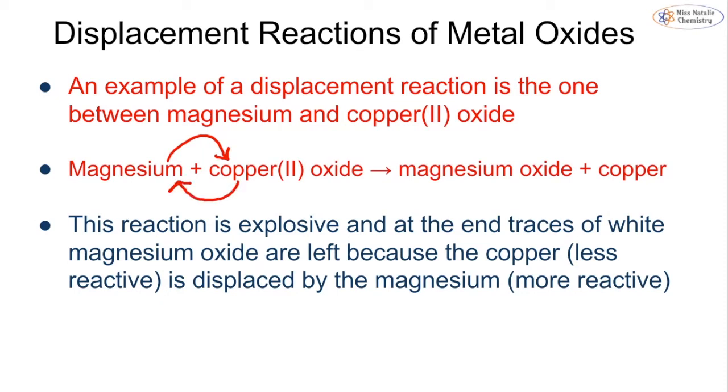So we go from magnesium and copper oxide to magnesium oxide and copper. Now, this reaction is very explosive, and at the end there are traces of white magnesium oxide left because the copper has been displaced by the magnesium, because the magnesium is the more reactive.